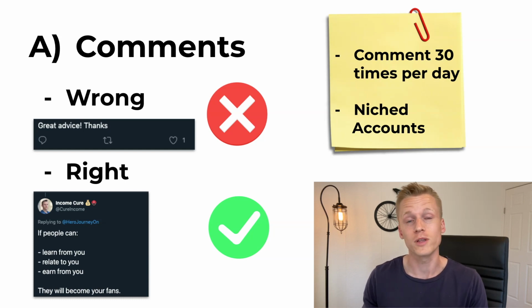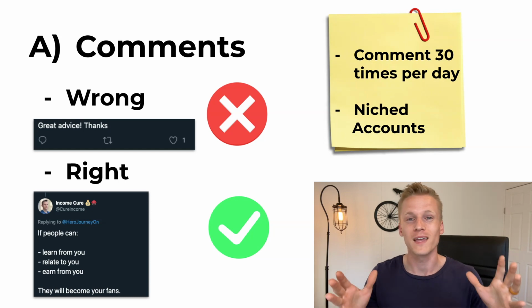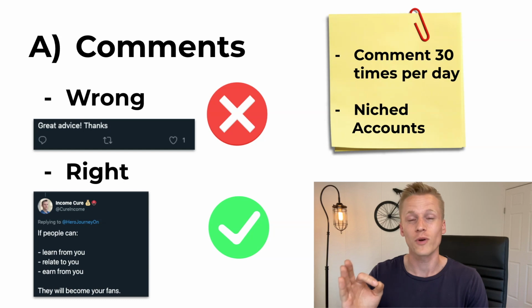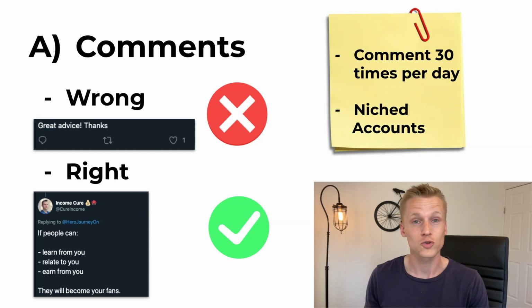Then I have 3 bullet points, and then I end with a call to action or a conclusion. And that is how I like to style my comments in order to get the most engagement on those comments. And then I can start getting people back to my profile, and then I can start selling them on affiliate products. So comments is a great way to grow your account when you need followers if you're going to want to start making money on Twitter.